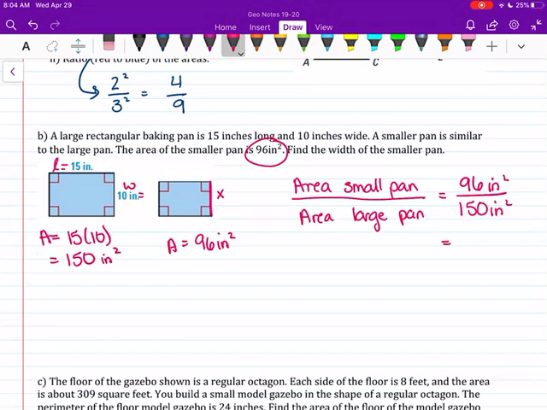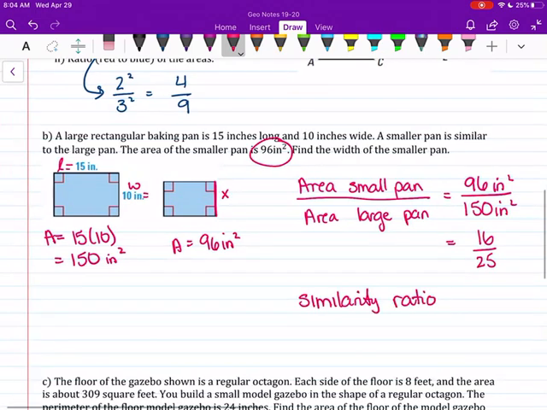So my ratio of areas is 16 over 25 when I reduce those. Now I know if I take the square root of those, I'm going to get my similarity ratio, because my similarity ratio, when I square it, gives me the ratio of the areas. So my similarity ratio is going to be 4 to 5, because the square root of 16 is 4 and the square root of 25 is 5.